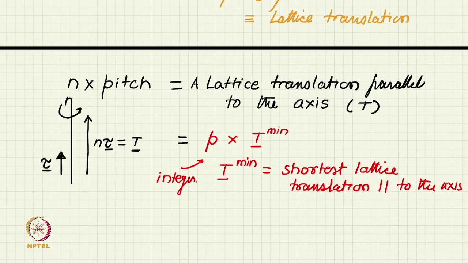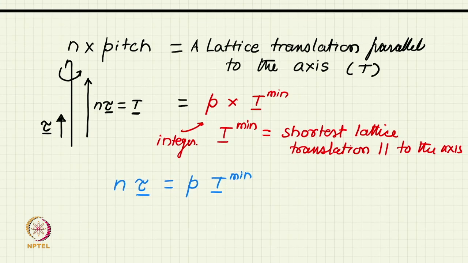So, this gives us an interesting result that n times the pitch of the screw is p times the minimum lattice translation parallel to the screw, which means if I want to write the pitch of the screw, I can write it as p by n into t minimum. This is an interesting result.